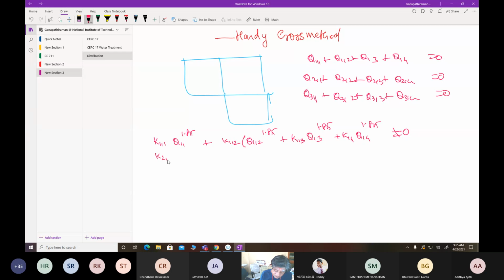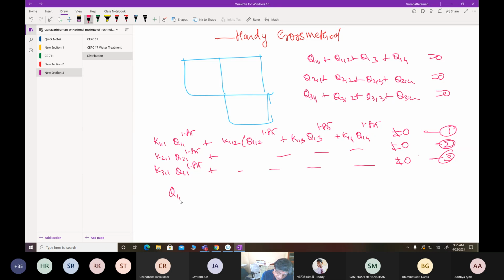Similarly, K21 Q21 to power 1.85 plus and so on is not equal to 0. This is equation number 1. This is equation number 2. K31 Q31 to power 1.85 plus and so on is not equal to 0. This is 3.